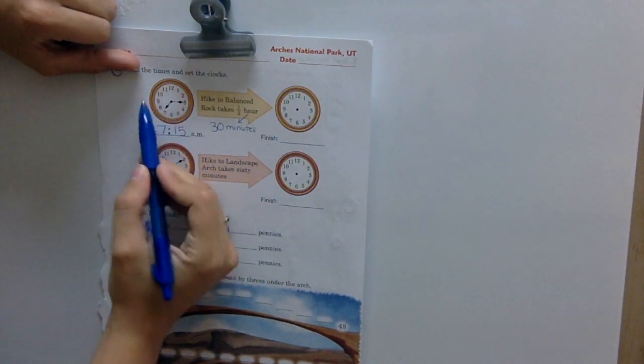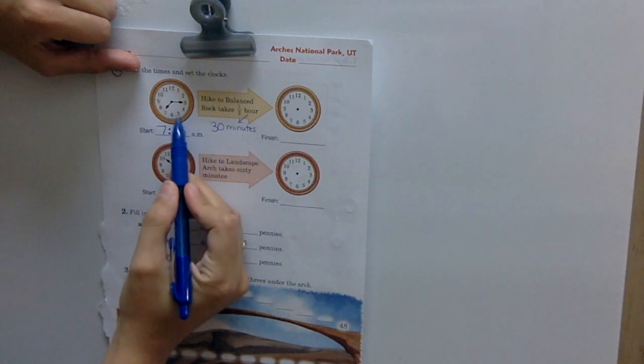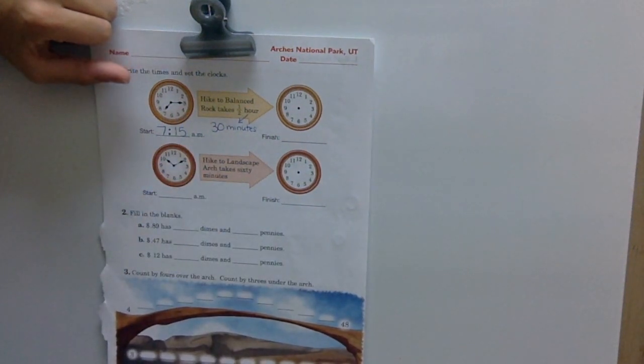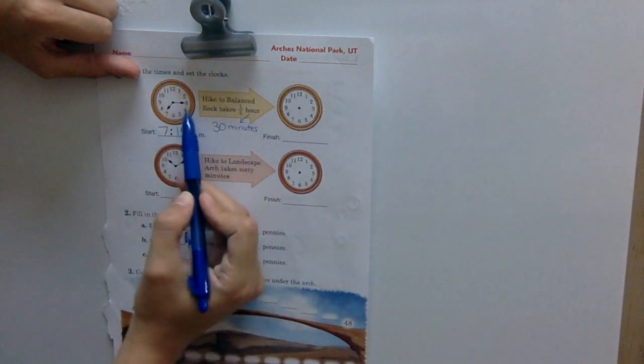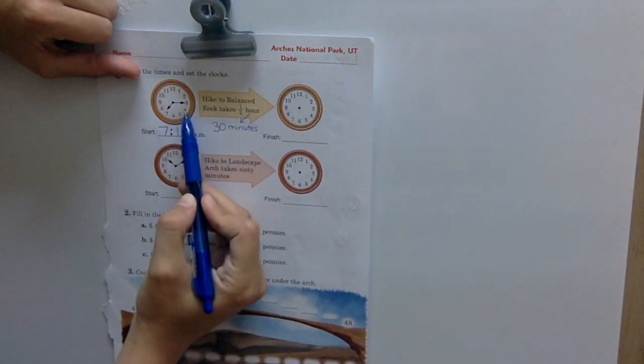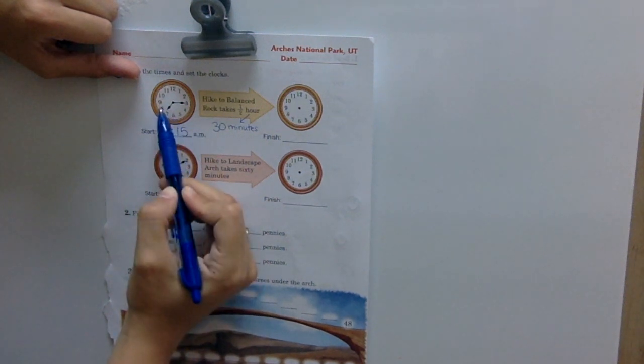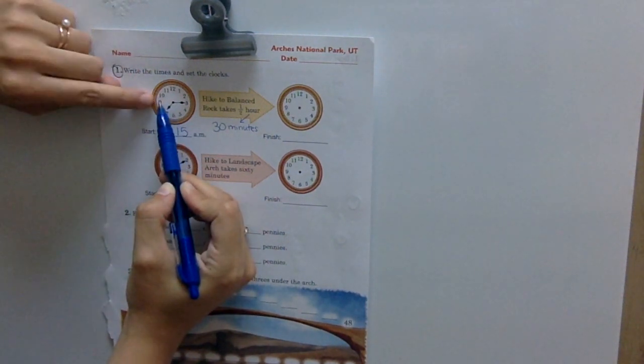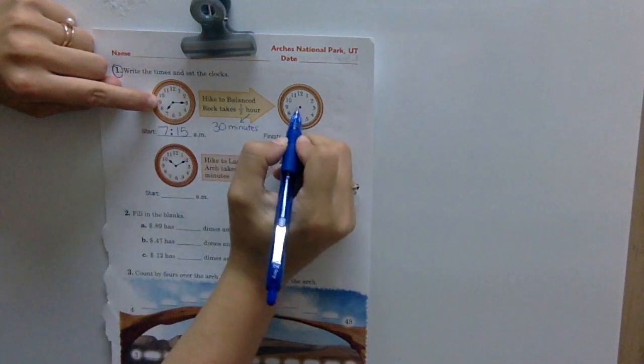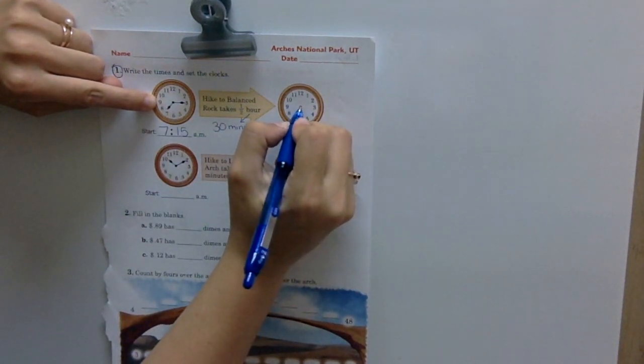And am I going to count by 1s or am I going to count by 5s when I hit each number? I'm going to count by 5s. So 30 minutes later, here we go, starting at the 3. 5, 10, 15, 20, 25, 30. 30. So on this clock right here, that's where my minute hand is going to stop.